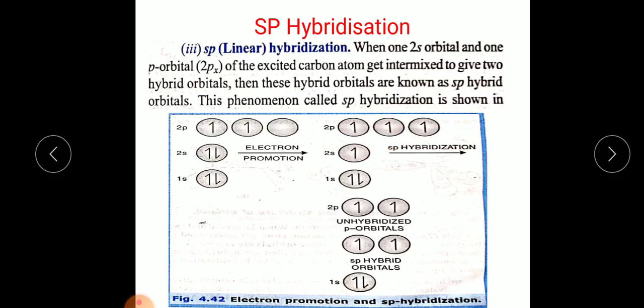Now in this case, only one s and one p will be utilized, because in acetylene each carbon has only two sigma bonds. The other two p orbitals remain unhybridized, they do not undergo hybridization, only one s and one p. Because of that it is called sp hybridization.